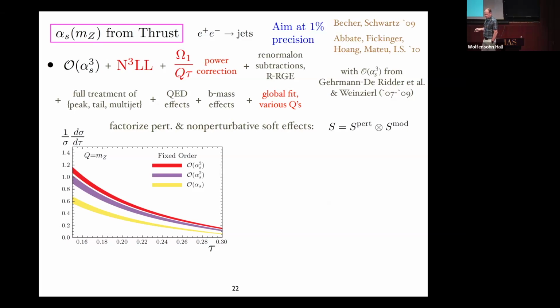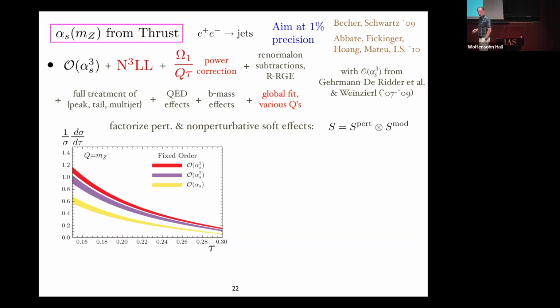At this level of high precision, where we're aiming at about 1% level precision, this non-perturbative parameter has something called an infrared renormalon. That means that perturbation theory has factorial growth. And if you do the calculation in the MS-bar scheme, then that factorial growth can lead to instabilities. It's an instability in the definition of this parameter that you have to solve. So that's what these subtractions do.